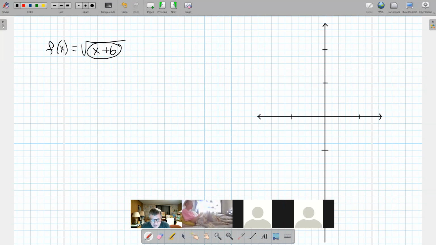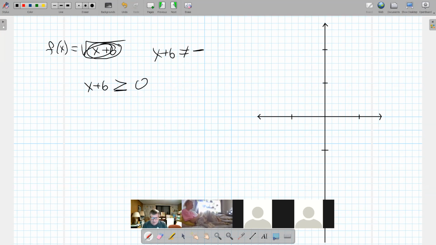All right. So that means this can't be negative. Okay. Could the radicand be 0? Can we take the square root of 0? Yes. Can we take the square root of a positive number? Yes. So that means that the radicand, the stuff inside the radical, has to be positive or equal to 0.